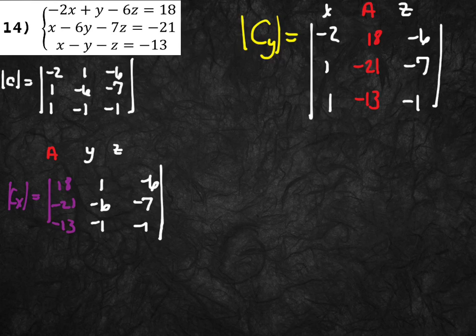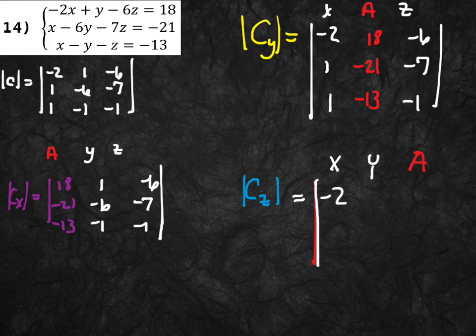And then the last one, we have the coefficients with the z's replaced. For that one, you have your x's and the y's normal, and your z's are the answers. And so the x's were negative 2, 1, 1.